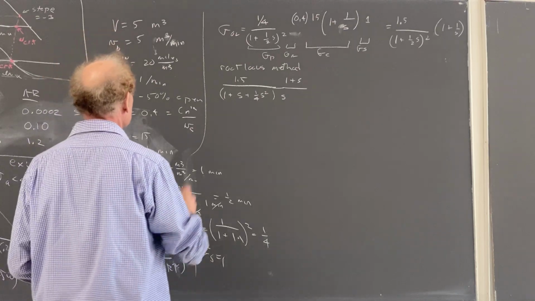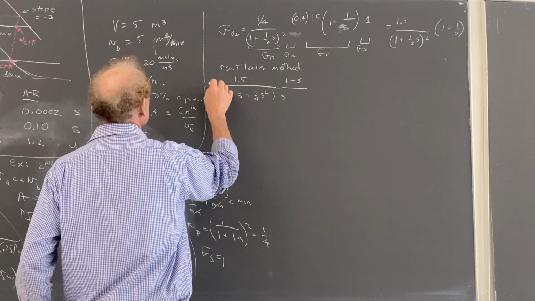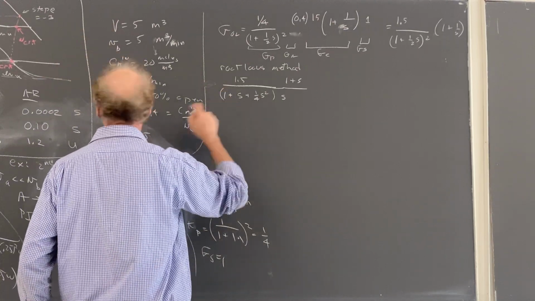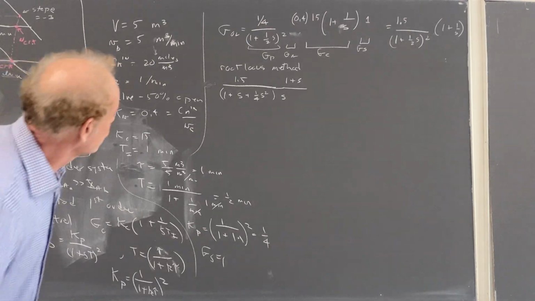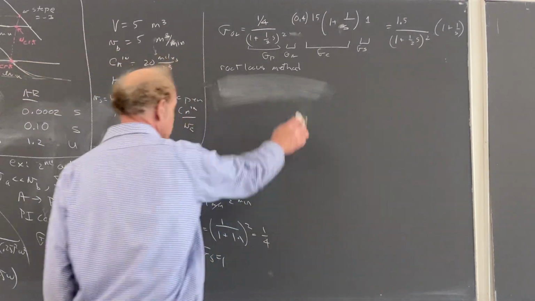So this is G open loop. But actually, I don't want just G open loop. I want the whole thing here. So let's do CV prime over SP prime. So I won't do this. I'll do it the other way using the root locus.